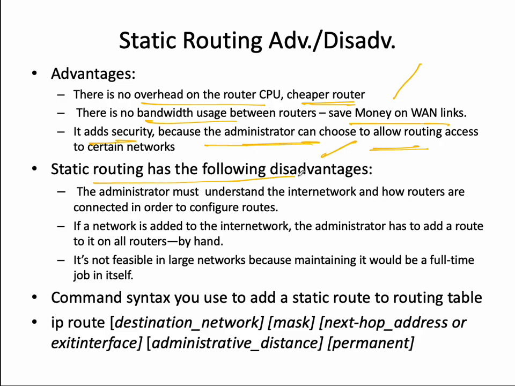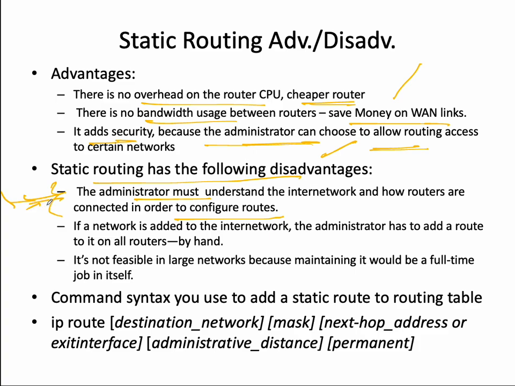Static routing has the following disadvantages. The administrator must understand the internetwork and how the routers are connected in order to configure the routes. Basically, the network admin must know the entire network, what networks and subnets there are, and how they reach the destinations, right?